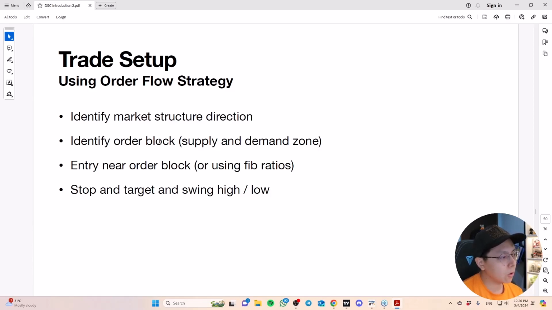Then we identify the order block, which is our supply and demand zone. In a while, I'll share with you how to identify that. Then we enter the trade near the order block. For me, I use quite a bit of FIBs. And basically we set our stop and target. Very, very straightforward. Just some little details to explain so that you understand it.